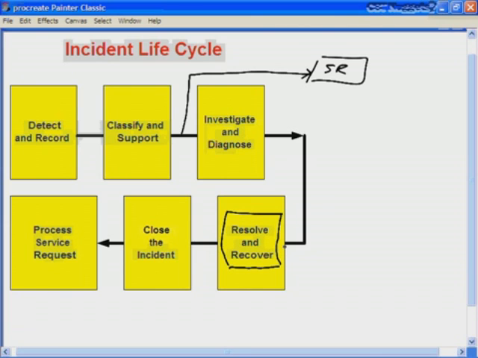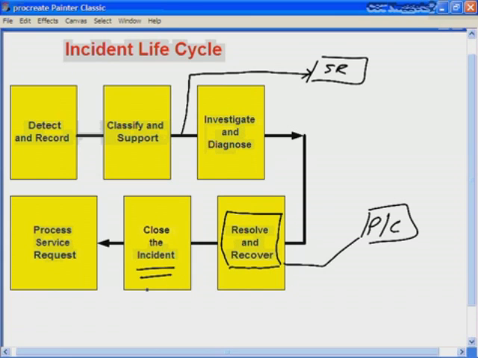There must be some type of resolution to the incident, even if the resolution is to move this over into the problem and change management area of IT services to implement some type of infrastructure change where resources have to be allocated and systems have to be replaced or updated. Okay, so there has to be some type of resolution here.